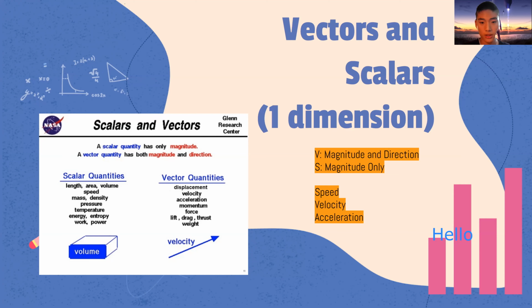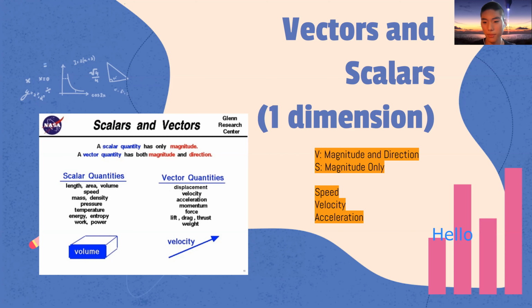So the difference between speed, velocity, and acceleration is that speed is a scalar. Scalars are quantities that don't have direction; they only have magnitude, and magnitude is just a term to describe an amount of something. So let's say I have 60 pounds of bread, like Italian bread.